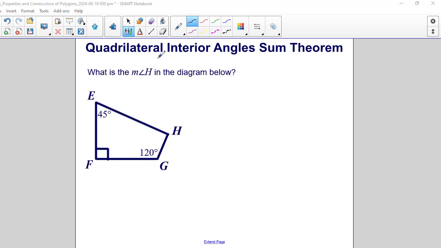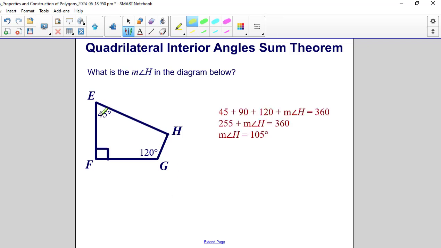So let's use the quadrilateral interior angle sum theorem to find the measure of angle H. So what is the measure of angle H in the diagram below, given three of the angles, but not knowing what this angle is here? Given that angle E is 45 degrees, angle F is 90 degrees, and angle G is 120 degrees, we take these three angles plus the missing measure of angle H, and we know that it's going to have to equal 360 degrees by the quadrilateral interior angle sum theorem.